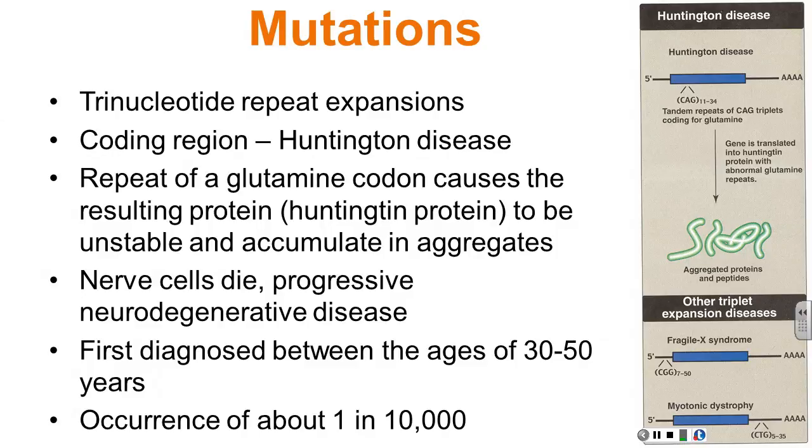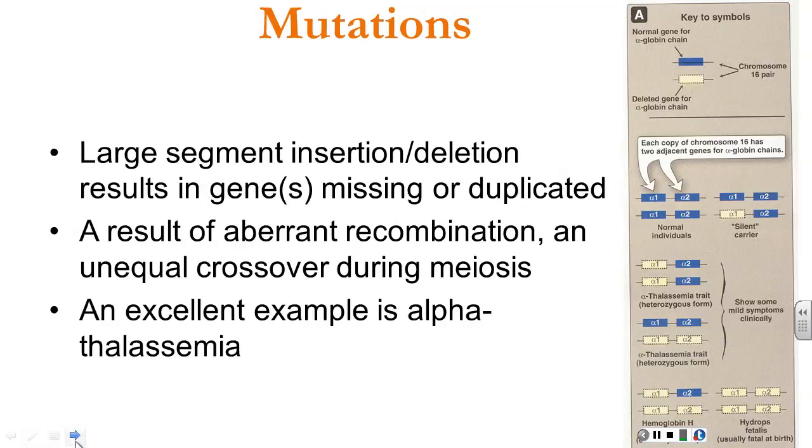You'll see the same thing with Alzheimer's disease, for example, another example where you get a protein aggregating, precipitating, and then those cells end up undergoing death. In this case, it happens to be nerve cells. So you get a progressive neurodegenerative disease. And I'm sure you're going to expand upon Huntington in some other classes. We're going to talk about it some more as well.